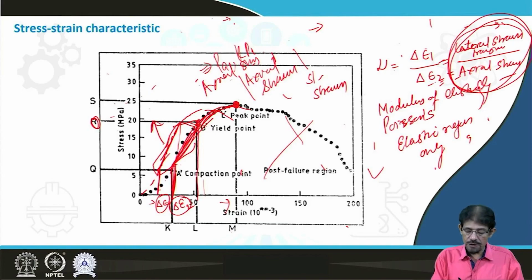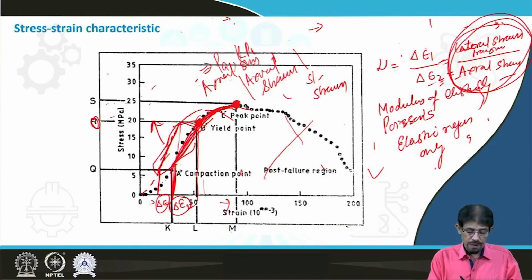After this region, after yielding, there is a departure from linearity and this stress-strain characteristic becomes non-linear. Then it reaches this peak, and the corresponding value of stress represents the maximum capacity of the rock to bear an applied stress or applied cause. This is recognized as strength and measured in megapascal.